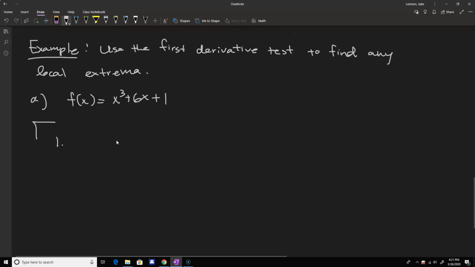So step 1 is take the derivative. Step 2 is set to 0 and solve for critical points or critical values.